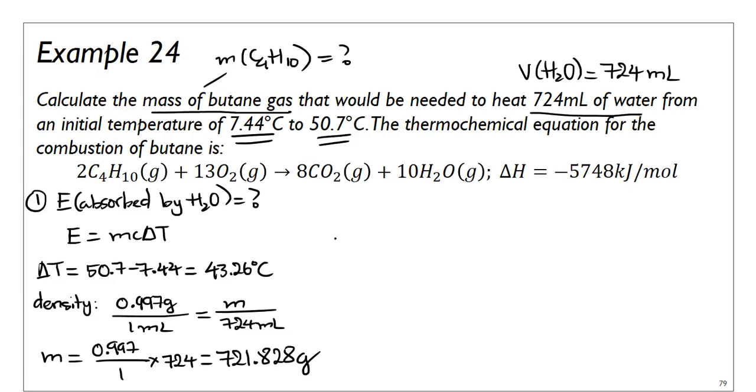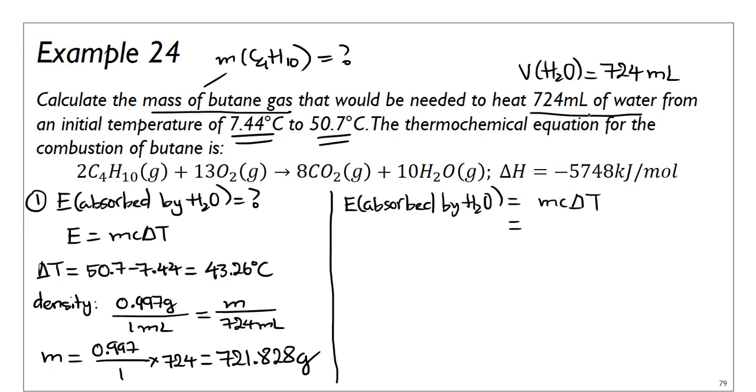Okay, so from here we can find the energy absorbed by the water. So E absorbed by H2O is going to be mc delta T, which is 721.828 times 4.18 times 43.26.